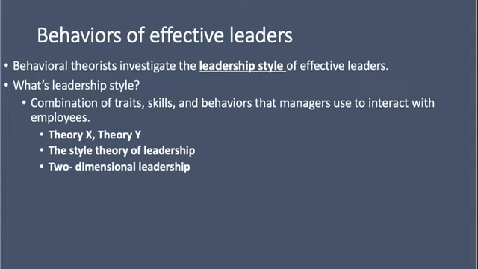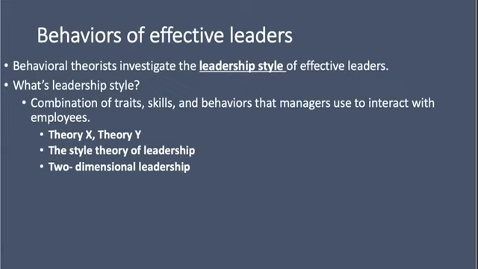There are three behavior leadership theories we're going to talk about. These three theories are very similar and closely related to one another. The first is Theory X, Theory Y. The second is the style theories of leadership. The third is the two-dimensional theory. So let's look at each of the leadership theories one by one.